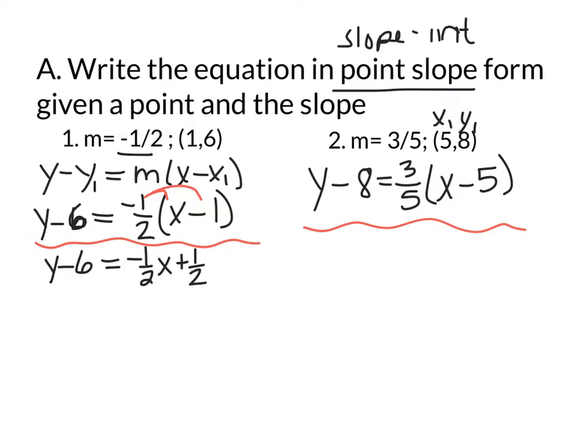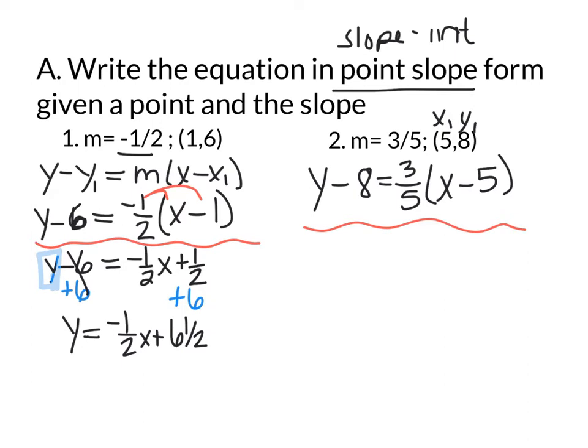And then I want to get y by itself. So I'm going to add the 6 to both sides. And we get y by itself because this is 0. So y equals negative 1/2 x plus 6 and 1/2.